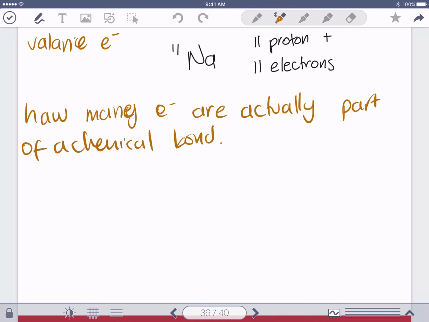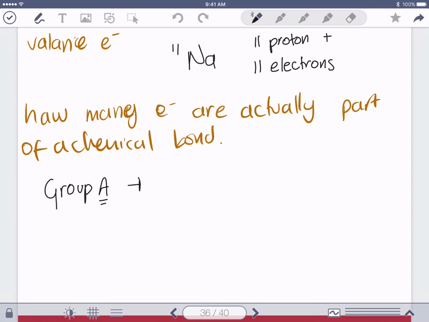Understanding this is a little more involved than what we're going to cover for this class. But what I want you to look at are the group numbers from group A of the periodic table, right? So all the ones that are labeled A.